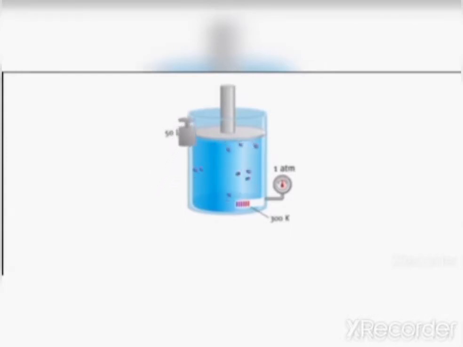As the pressure on the gas increases, the volume of the gas decreases and will continue to decrease until the pressure of the gas equals the external pressure, or 2 atmosphere. The volume occupied by the gas will be half of its original volume. You can see volume is inversely proportional to pressure.